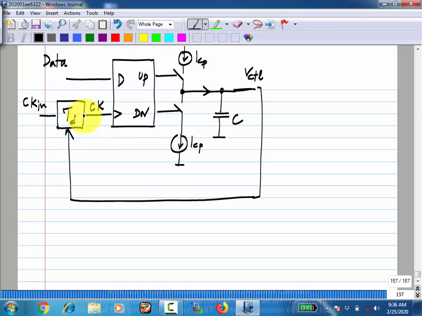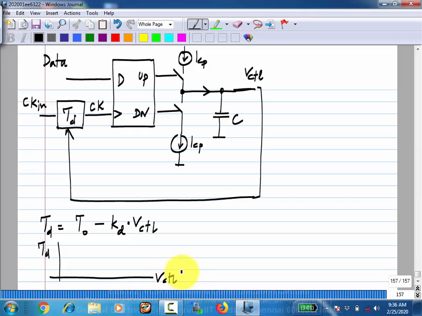So I will say that this delay is some constant minus Kd times V control. That is the delay versus V control, it falls like that with a slope of Kd. Is this fine?